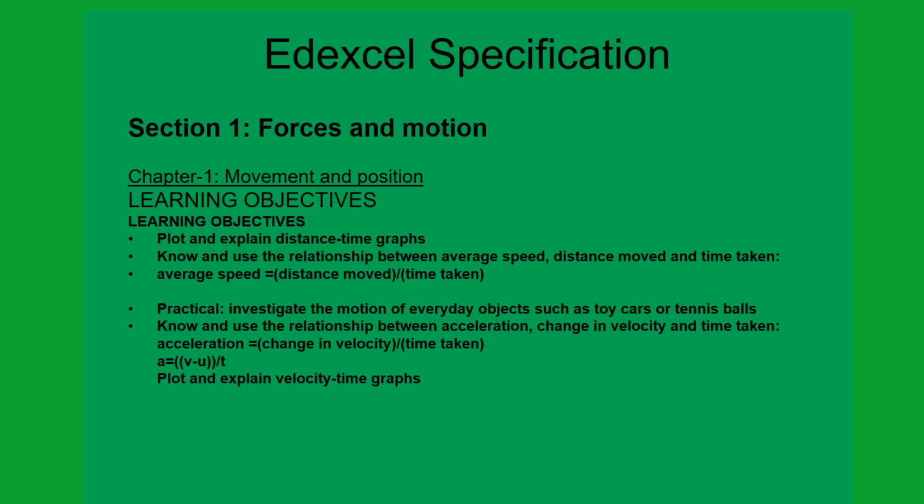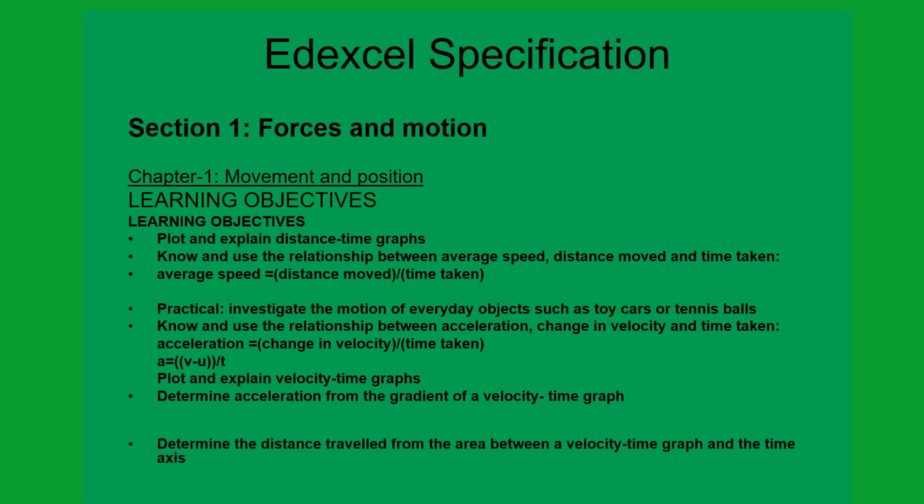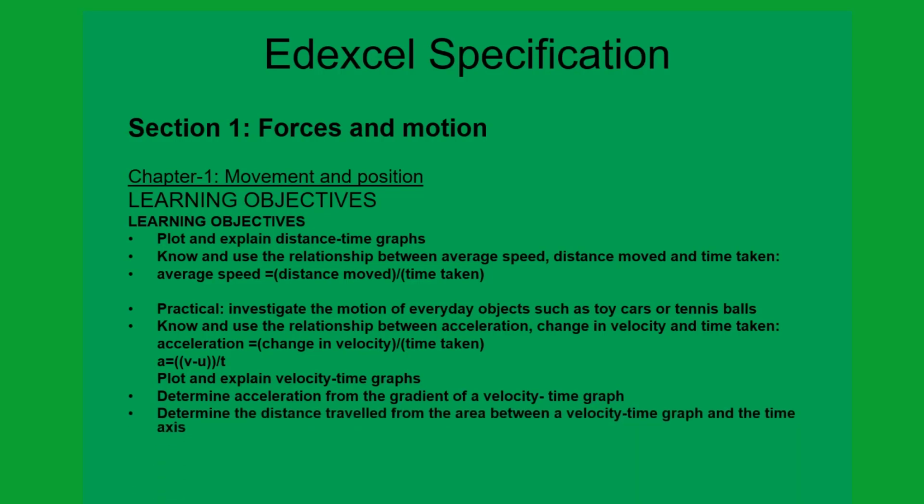Plot and explain velocity time graph. Determine acceleration from gradient of the velocity time graph. Determine distance traveled from the area between the velocity time graph and the time axis. Use the relationship between final speed, initial speed, acceleration and distance moved.